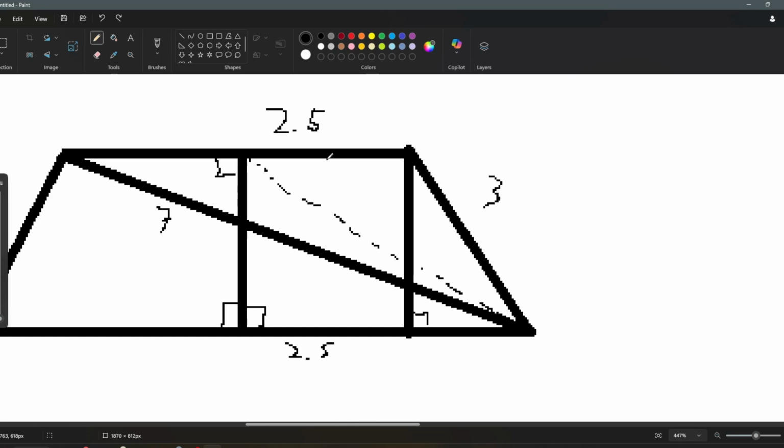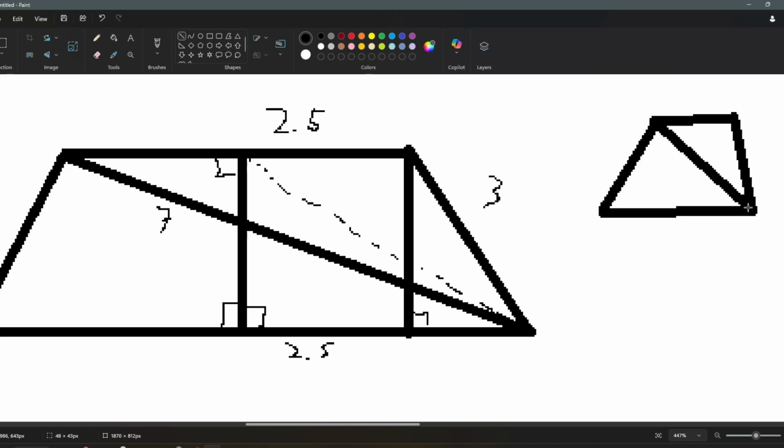What does the diagonal do in particular? Like if I take a trapezoid like this, and I do this, does that bisect this angle? No. What does it do to the angles though?